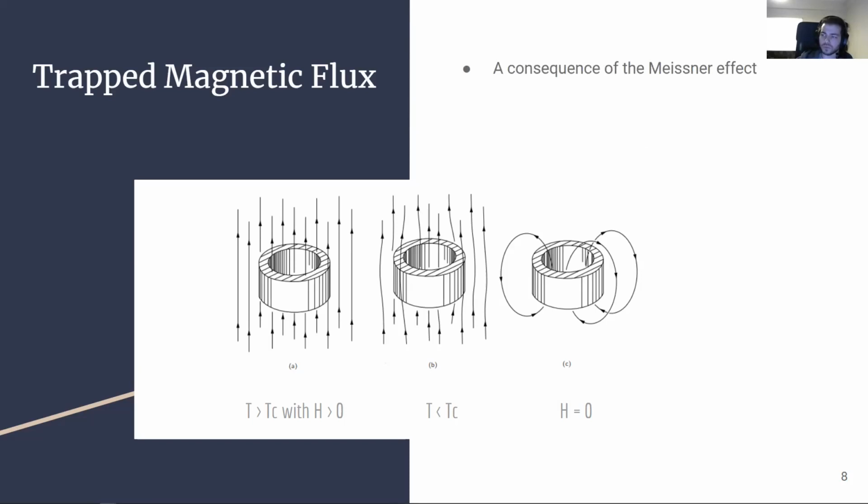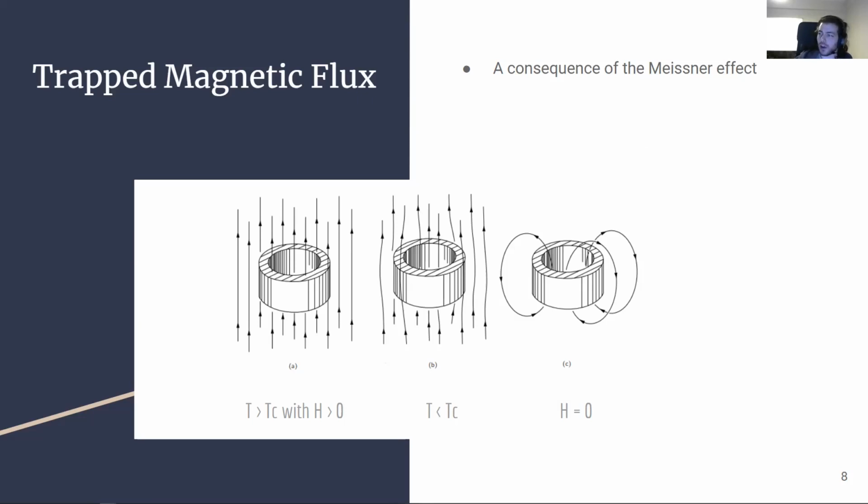the superconducting state, as a consequence of the Meissner effect, these magnetic field lines will not be able to penetrate through it, but go around it, and we will observe some currents on the surface of this material. So there will be magnetic field outside the material, and inside the hole, but not inside the material itself.